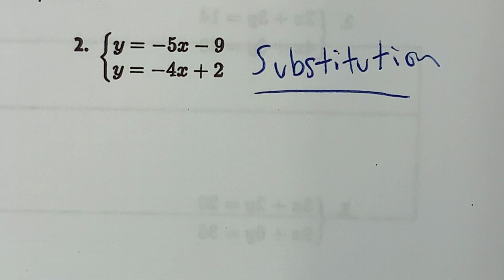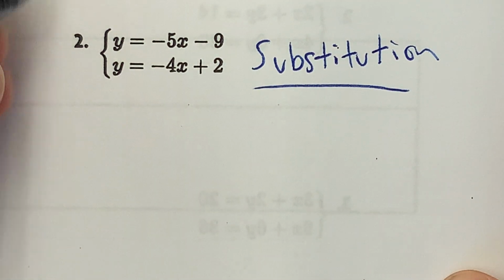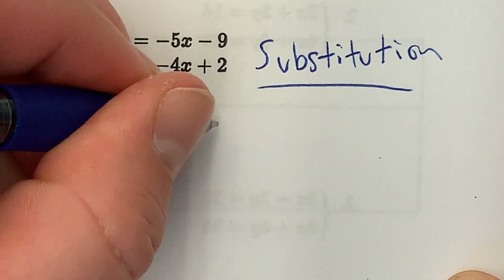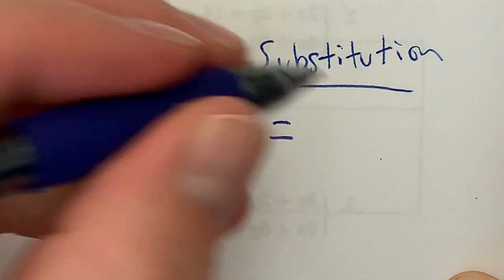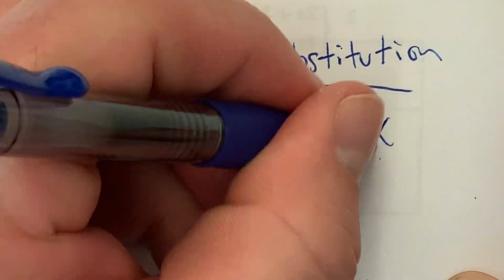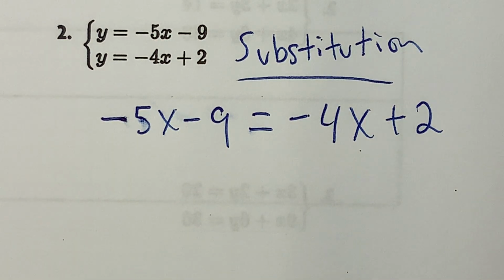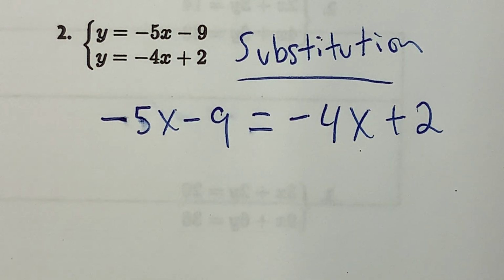Plug each one of those into each other. Okay, here we go. Negative 5x minus 9 is equal to negative 4x plus 2. Now solve for x. So maybe that part you needed help with, but now you can solve for x. Try it, pause it, and see.